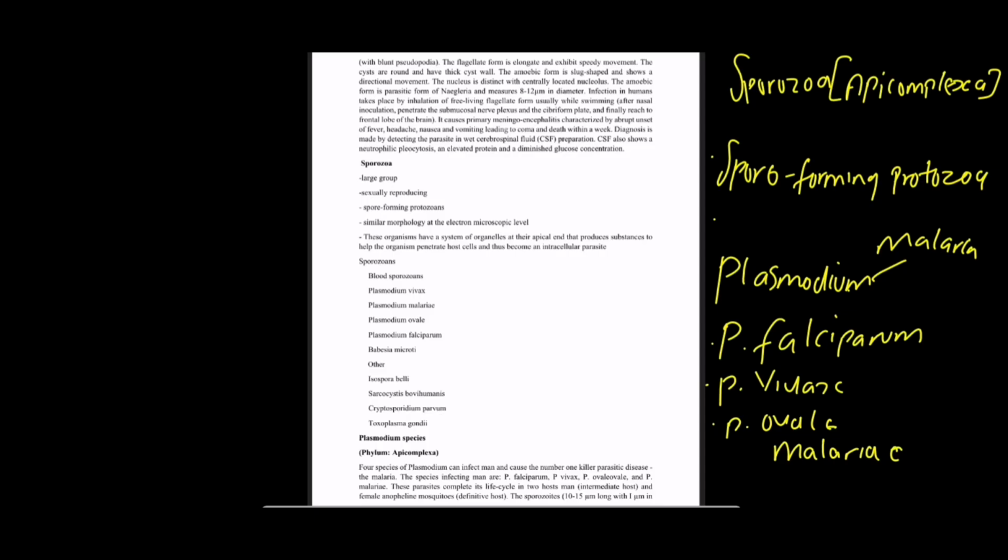Plasmodium is one of the indirect parasites that require two hosts to complete its life cycle. That's why the method of transmission is through the Anopheles mosquito, which is its intermediate host, and also man, which is the definitive host, where it causes the infection.